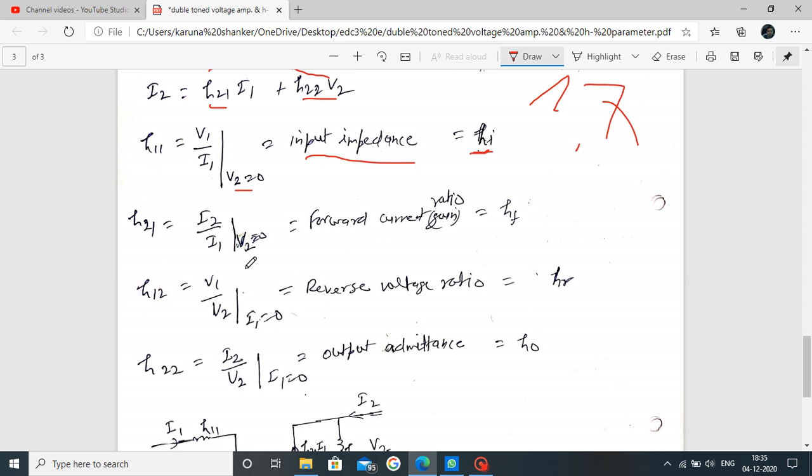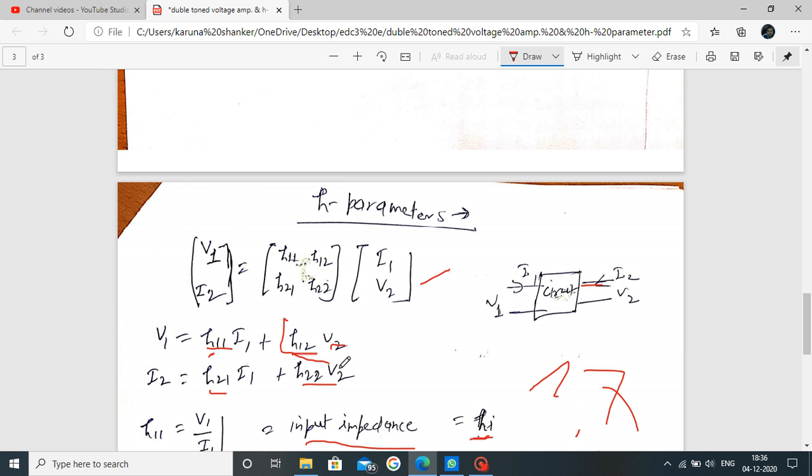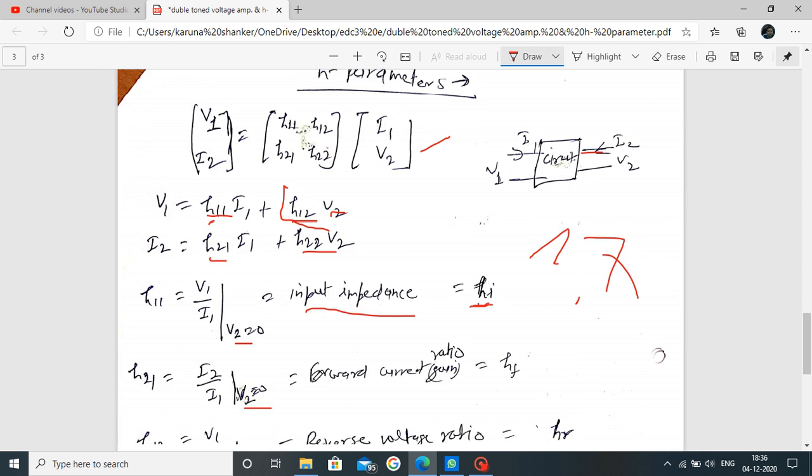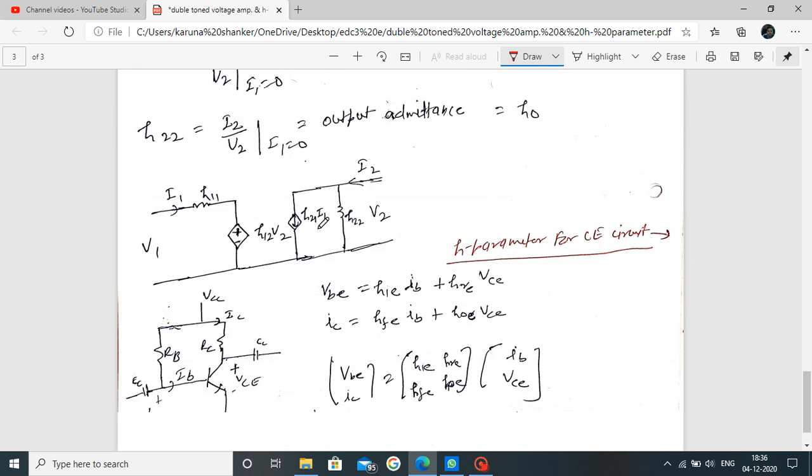Next, moving to H21, this is the ratio of I2 and I1 when V2 is equal to 0. Putting V2 equal to 0 in this form, we obtain the H21 parameter.